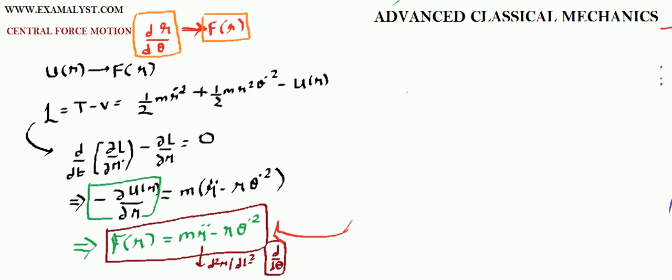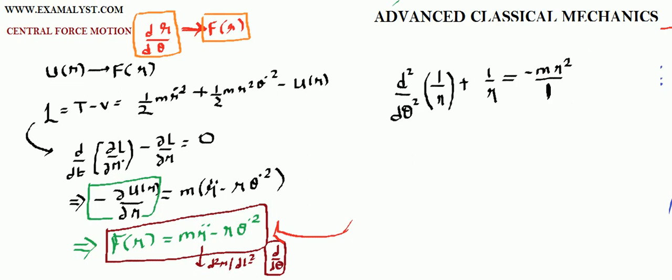Okay, so the final step is you get d square u divided by d theta square, where wherever there is a u, just replace it by 1 by r. So this is 1 by r plus 1 by r, agreed, equals minus m r square divided by angular momentum square into f of r.